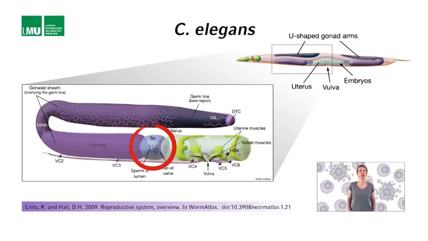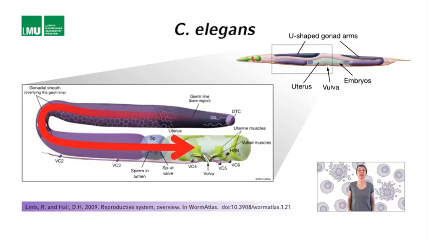The hermaphrodite gonad then switches over to the production of oocytes. The mature oocytes produced are pushed through the spermatheca and fertilized by the hermaphrodite sperm to generate the diploid zygote, the 1-cell embryo basically. Hermaphrodites are therefore self-fertile, which, as you will see later, turns out to be very convenient for genetic screens.